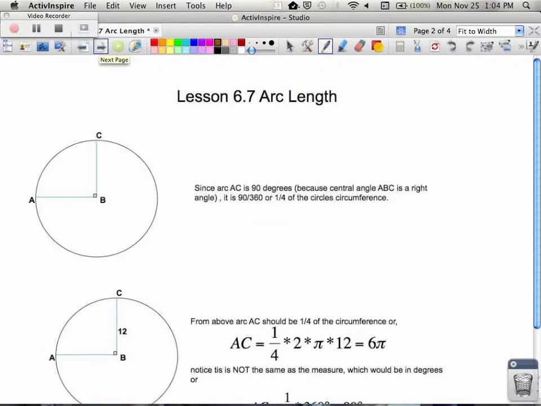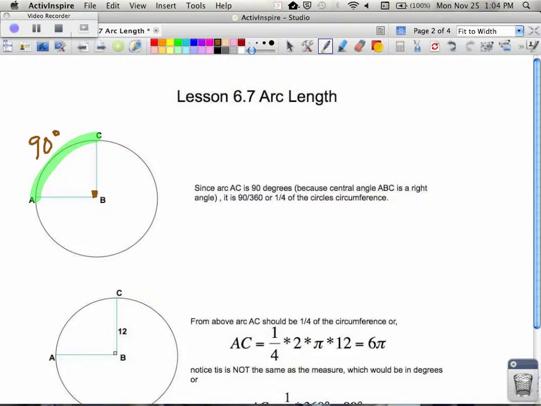On this next slide, what you'll see is an arc AC. And we know that the arc AC is going to be 90 degrees. The reason that we know that it's 90 degrees is because inside the circle, you'll notice that we have a right angle formed by the two radii BA and BC.